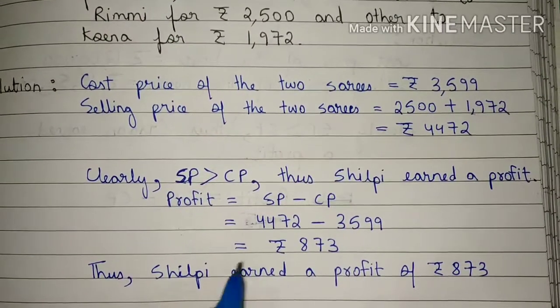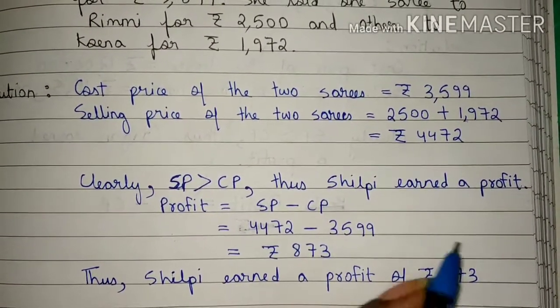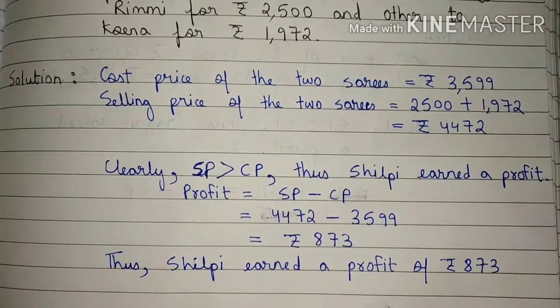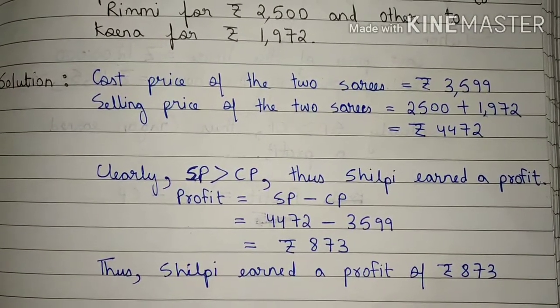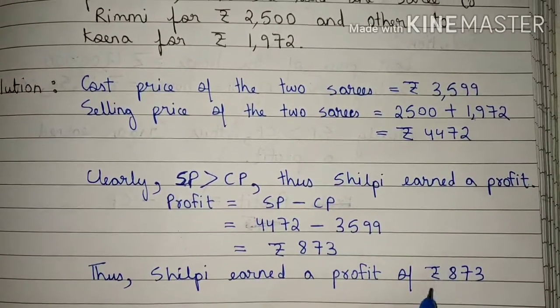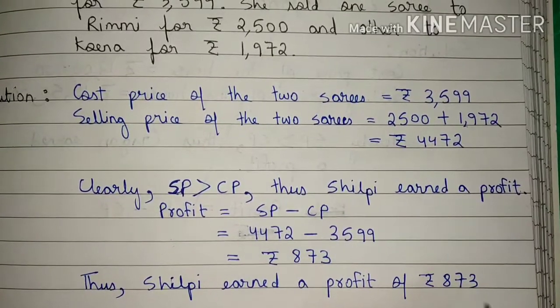Thus Shilpi earned a profit of rupees 873. It means when Shilpi sold a pack of 2 sarees, she earned a profit of rupees 873.